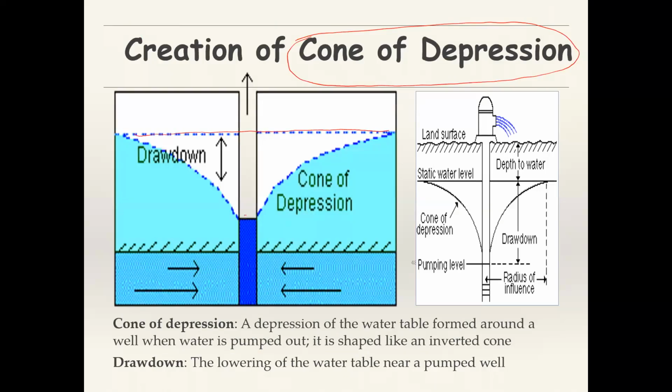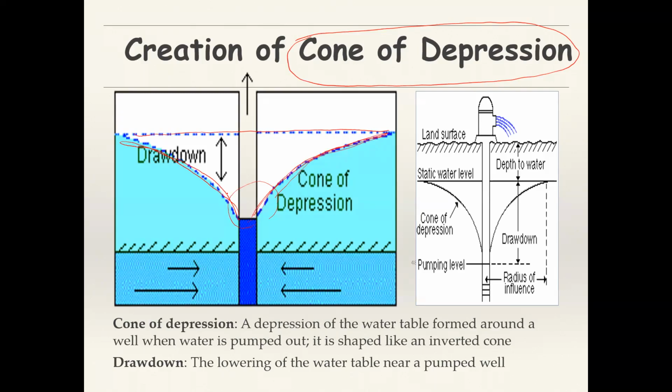The water level near the pumping well decreases rapidly, but that change decreases as you go away from the well. So when you see it from the top, what you see is a formation like a cone. That is why it is called the cone of depression.